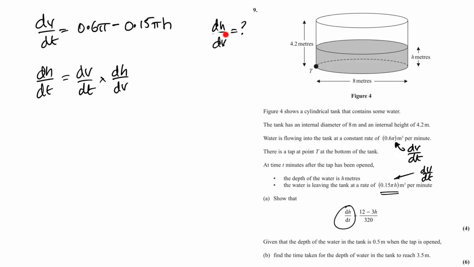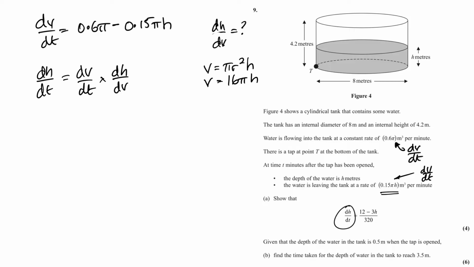So we need something in terms of volume and height. And here we have it. It's a cylinder. So the formula for volume of a cylinder is pi r squared h, isn't it? We know that the radius of this shape is 4. So 4 squared is 16, so 16 pi h is what my V is.